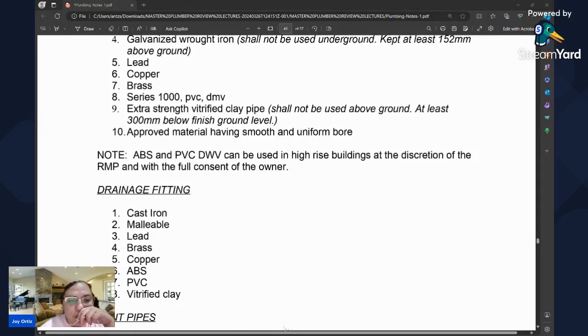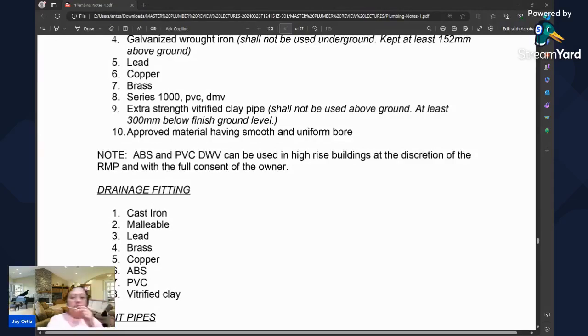Okay, so let's continue. Note the ABS and PVC DWV. DWV means drainage waste vent. PVC is a plastic material. ABS is the same. It can be used in high-rise buildings at the discretion of the RMP with the full consent of the owner.